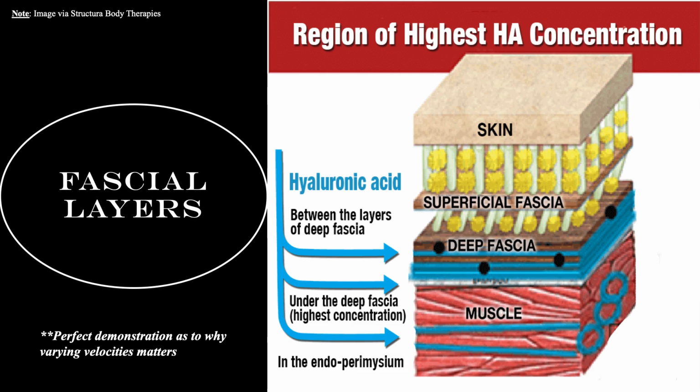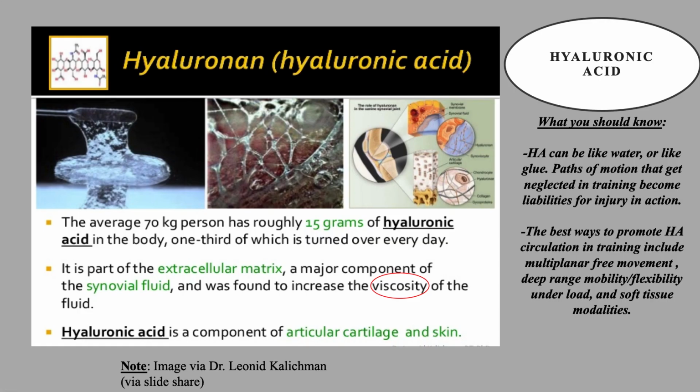So if we have sticking between deep and superficial fascias, it's going to constrict the ability to not only produce but move hyaluronic acid. So a lot of the times that's what contributes to that feeling of tightness and stiffness and not feeling right.